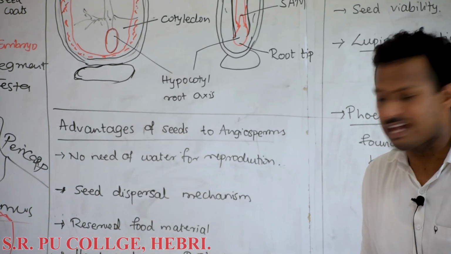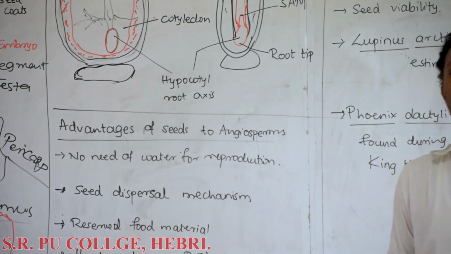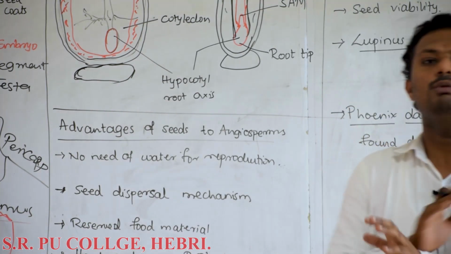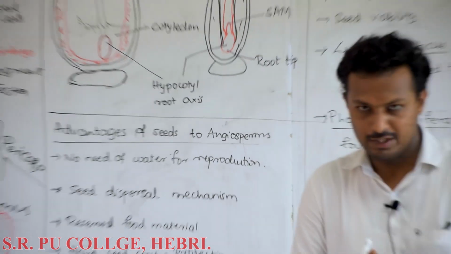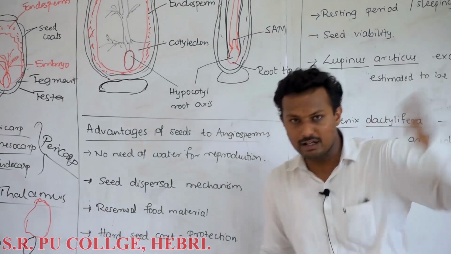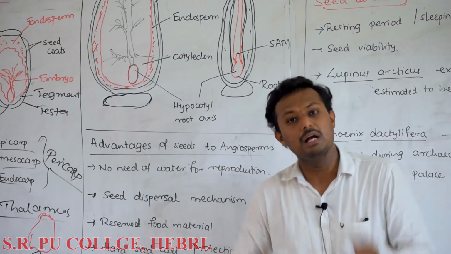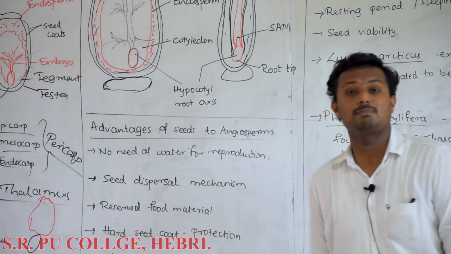That is why we say angiosperms are cosmopolitan in distribution. They are found in almost each and every geographical location of the earth. Be it in Arctic conditions, be it in the desert or in temperate zones, angiosperms are present. It is because of the powerful seed dispersal mechanism.